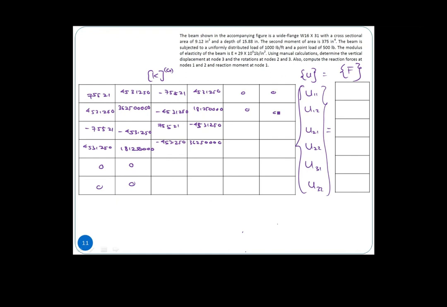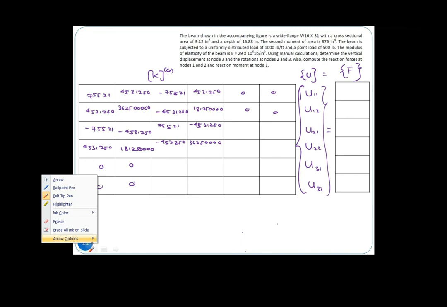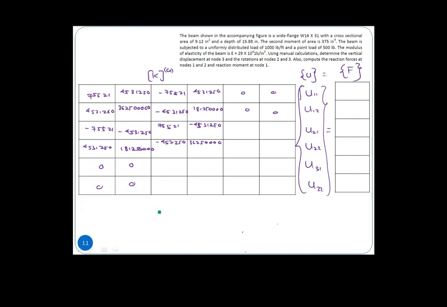So that gives us the first stiffness matrix filled in, right? A 4 times 4 matrix. Then the next is the second element.